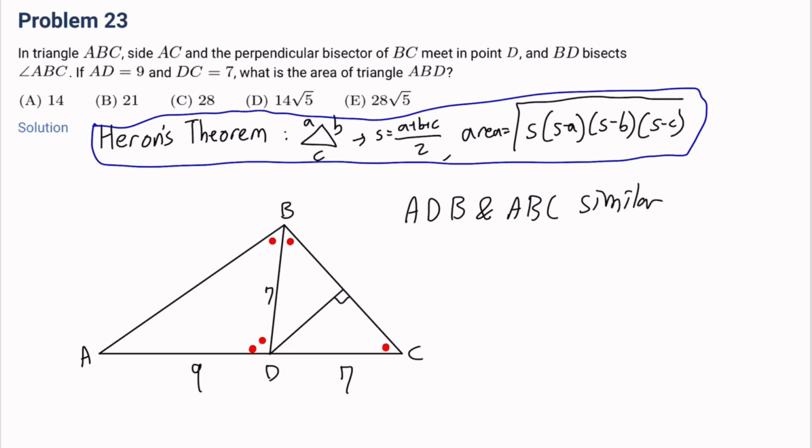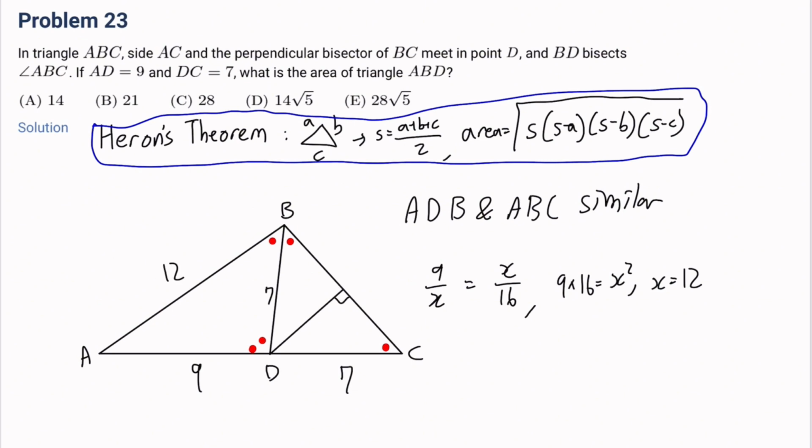If we set AB length as x, then the ratio of AB to AD will equal AC to AB. So we get 9 over x equals x over 16, which gives us 9 times 16 equals x squared. So x is 3 times 4, which is 12. Since x equals 12, this is 12 here.